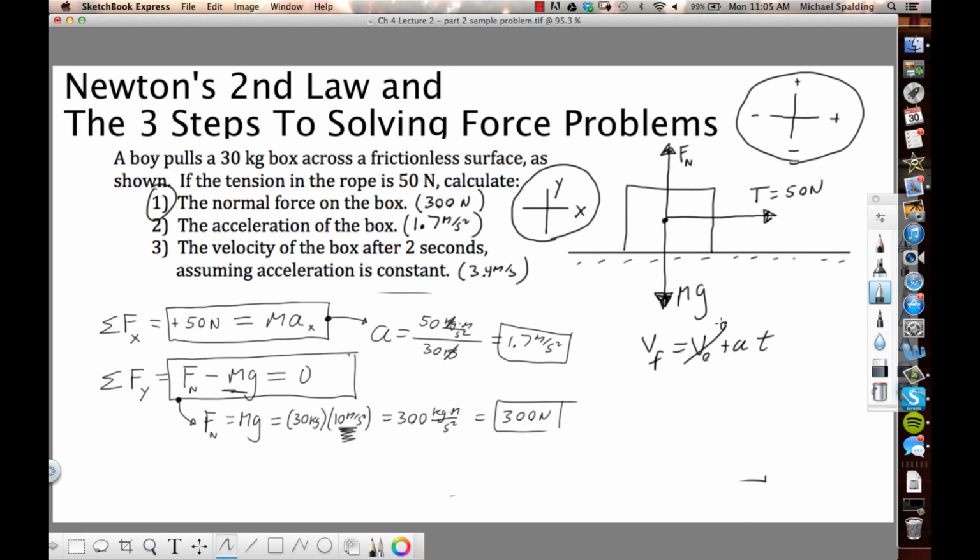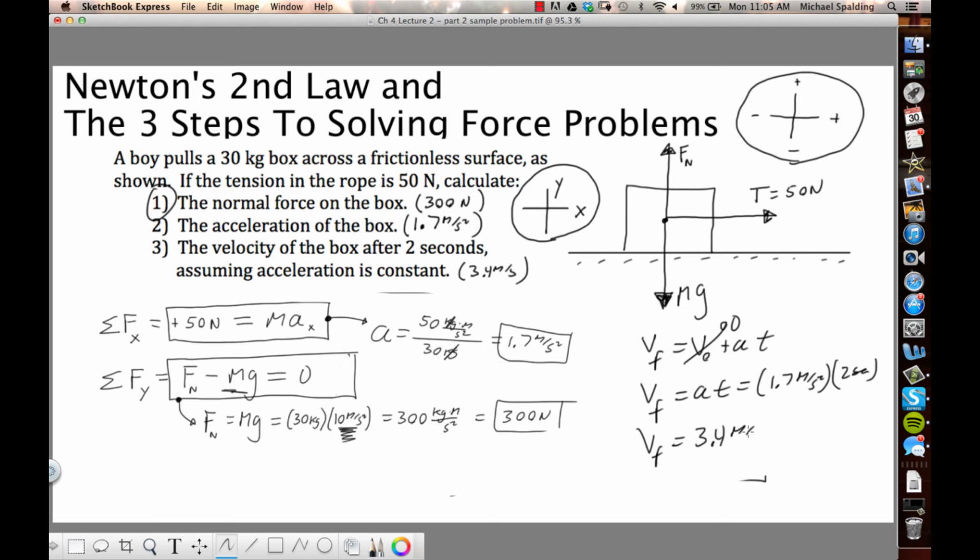V initial is 0. Does it say that? Technically, the problem doesn't say it starts from rest, but you have to assume it does, because otherwise it's not solvable. So VF is going to be A times T. The acceleration was 1.7 meter per second squared, time is 2 seconds, so V final comes out as 3.4.